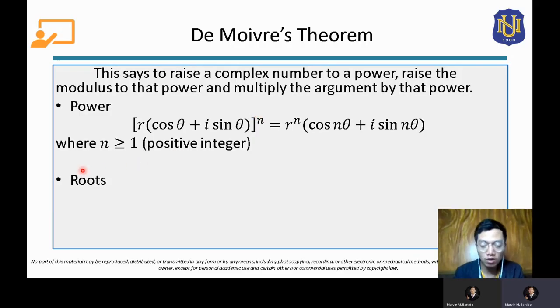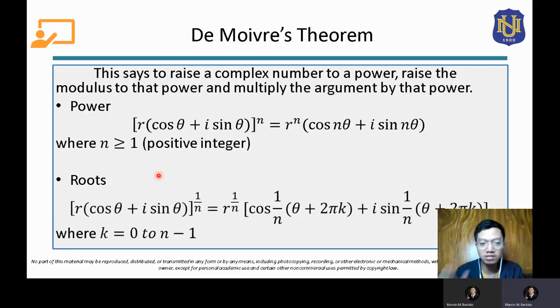Now, to solve for the roots of a complex number, let's say again we have a complex number raised to an exponent that is a fraction, so the denominator here will be n. What we're going to do is find the roots of the complex number.